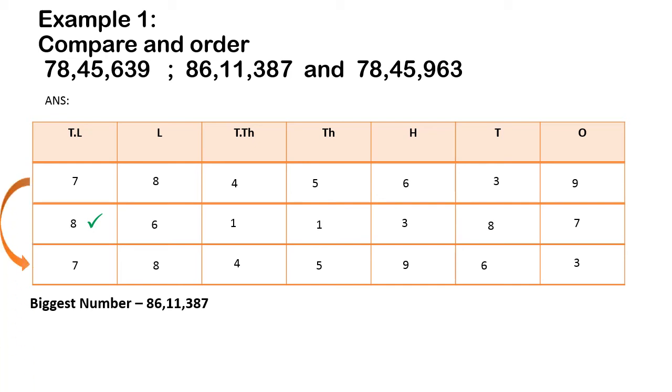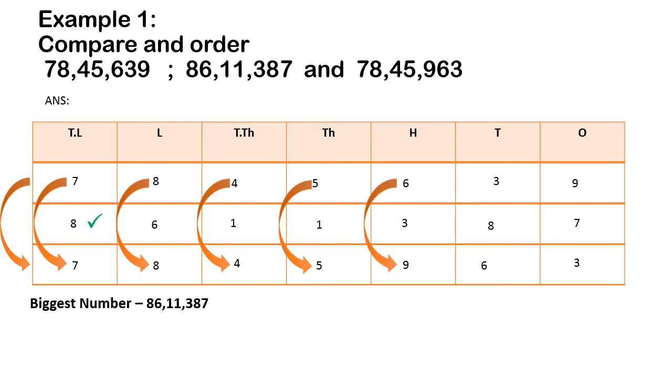Okay. So look at the ten lakhs place value. 7, 7. So they both are same. Now look at the lakhs place value. 8, 8. This one also same. Then look at the next place value, ten thousands. 4, 4. This one also same. Now look at the thousands place value. 5, 5. This one also same.